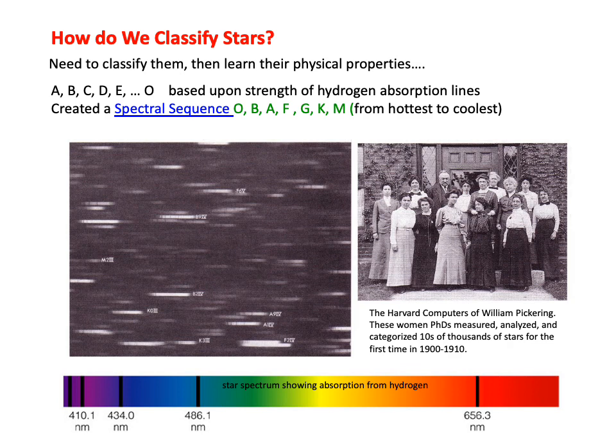You'll see that the spectral sequence is related to the temperature, but then we're going to find out it's also related to a lot of the other properties of the stars. And so these letters tell you much more than just the temperature. They tell you about the size, they tell you about the mass, and they tell you about the lifetime and the fate when it dies. So these letters turned out to be very, very important for understanding stars in astronomy.